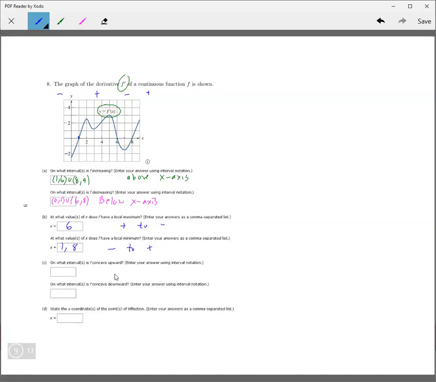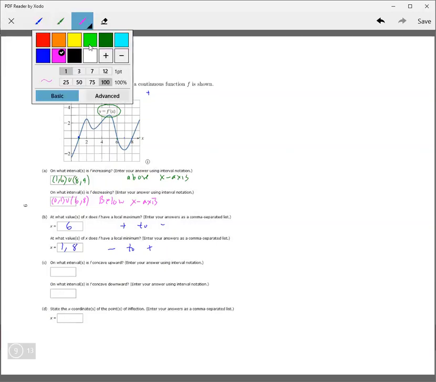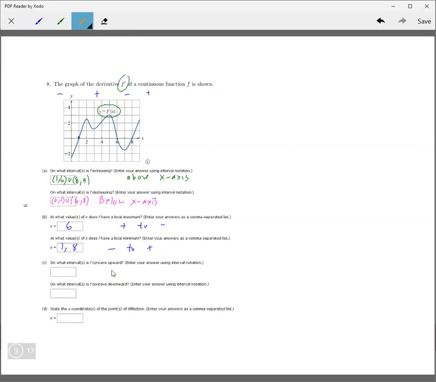And on what intervals is f concave upward? The concavity is the second derivative, so f prime is increasing.